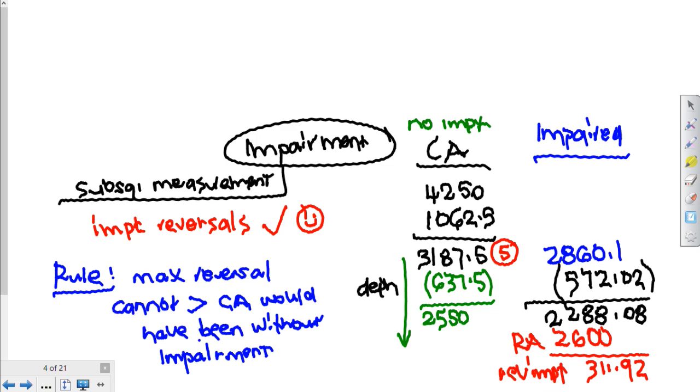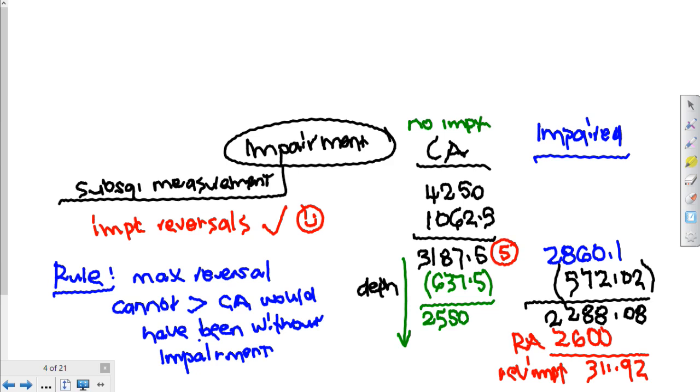So what the rule says is that you're allowed to reverse impairment. Well, first of all, we wouldn't be able to reverse more than what we had impaired, isn't it? Because that's fairly obvious. However, this rule overrides that. Because what this rule says is that the maximum reversal can't be more than what the carrying amount would have been, cannot get you to more than that number.